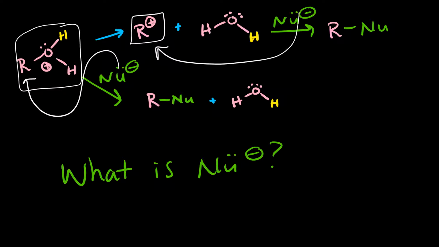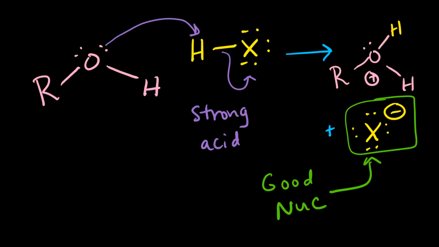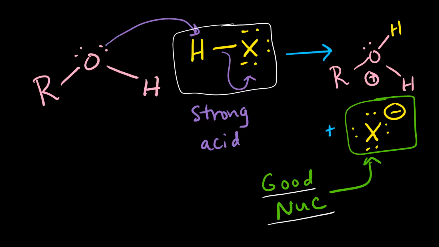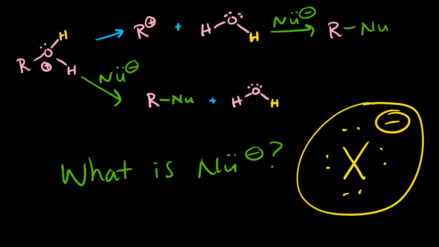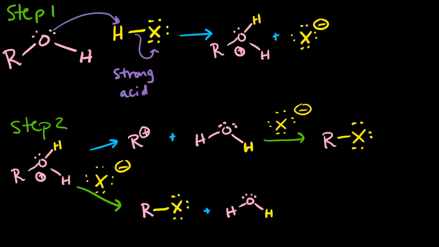So now we're left with the question of what is that nucleophile? Recall that the first step of this reaction was to protonate the alcohol with HX. And so we have X- floating around in solution at this point, and X- happens to be a good nucleophile. So the answer to our question, what is the nucleophile, is going to be X-.